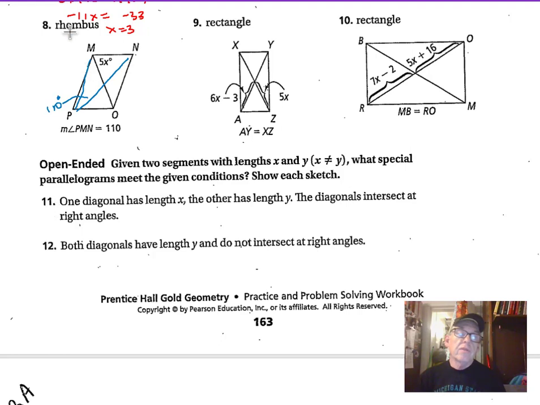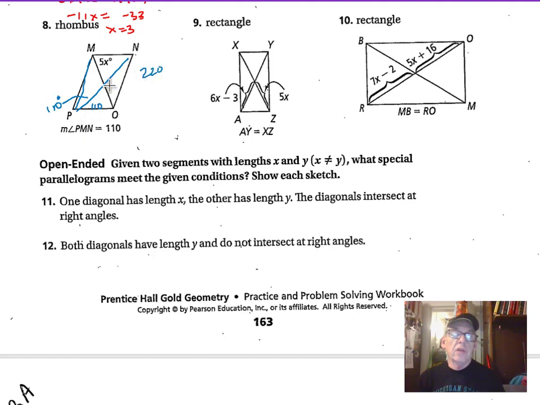Okay, this is a 5x. They want it to be a rhombus. This is 110, MPN. This one here also has to be 110, because the diagonal would bisect it. That gives us 220.